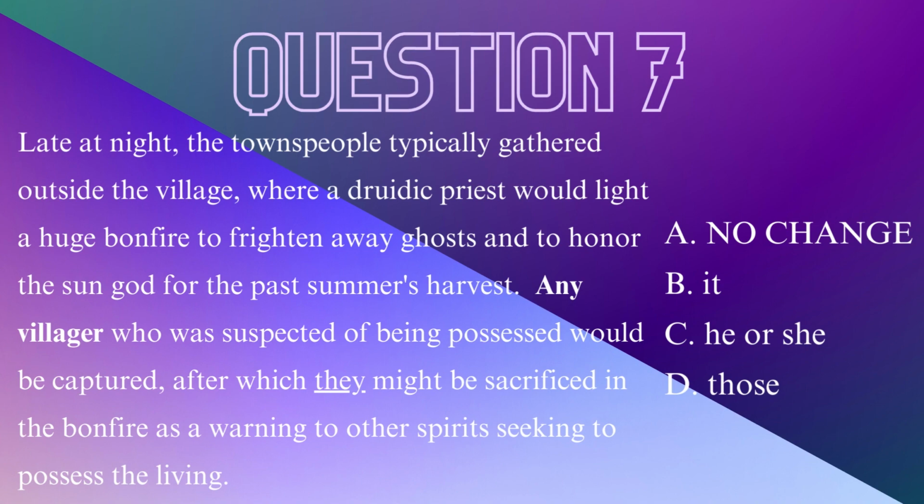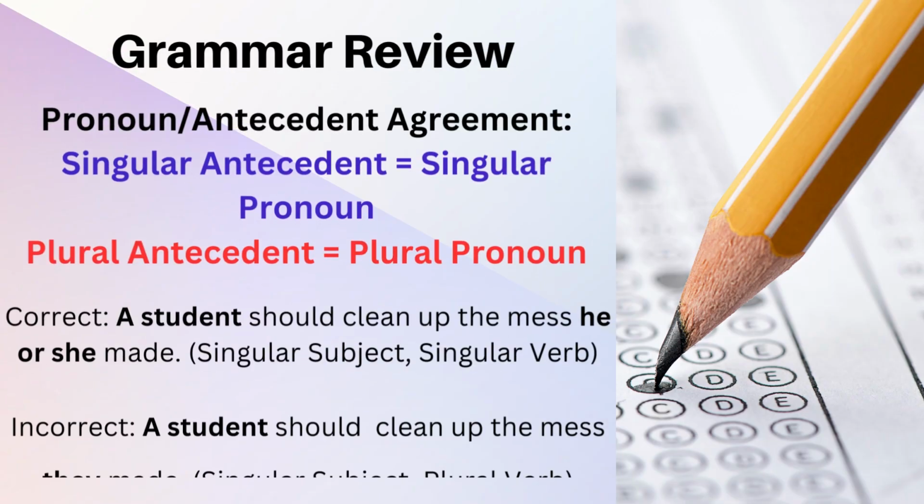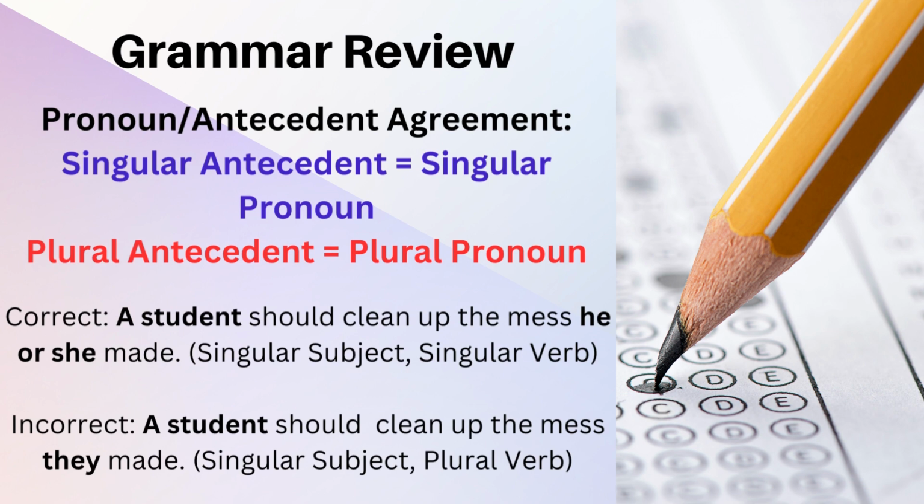To review this rule, remember that pronouns and antecedents, the words they refer back to, must match in terms of being singular or plural. Look at the incorrect sentence at the bottom. A student should clean up the mess they made. Without any clarifying context, I do not know if that one student is male or female. If I say they, I'm using a plural pronoun, but the antecedent is singular.